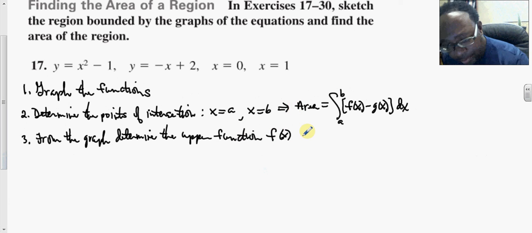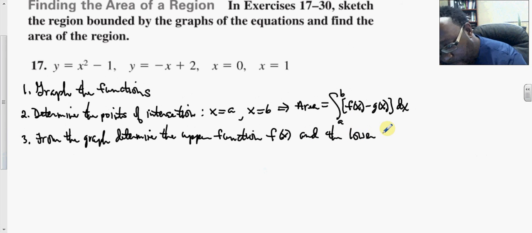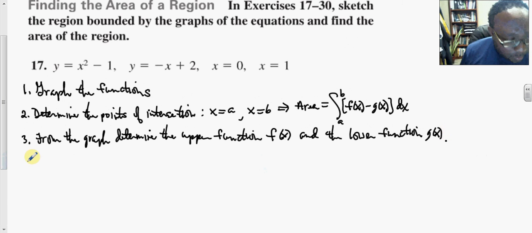F of x, and the lower function g of x. Hopefully from there you should be able to integrate and find the area.